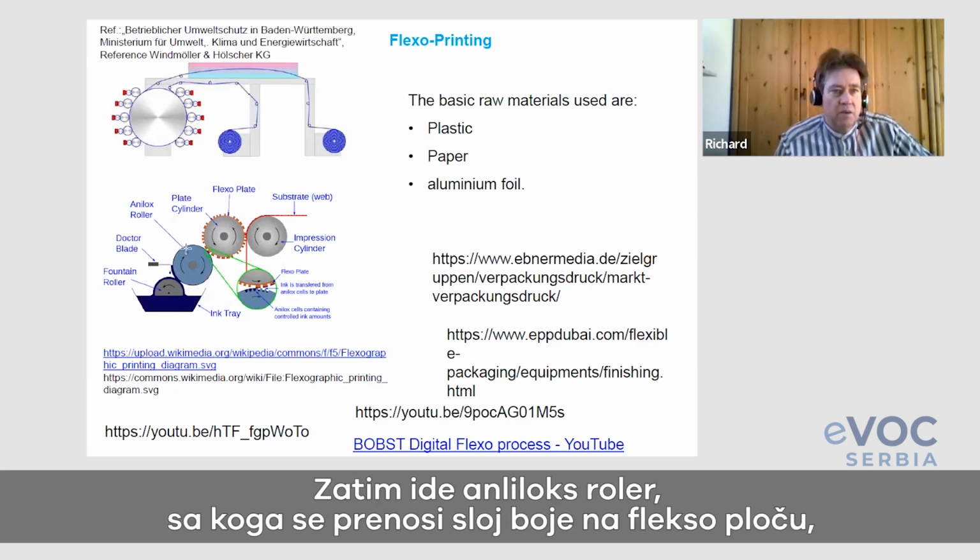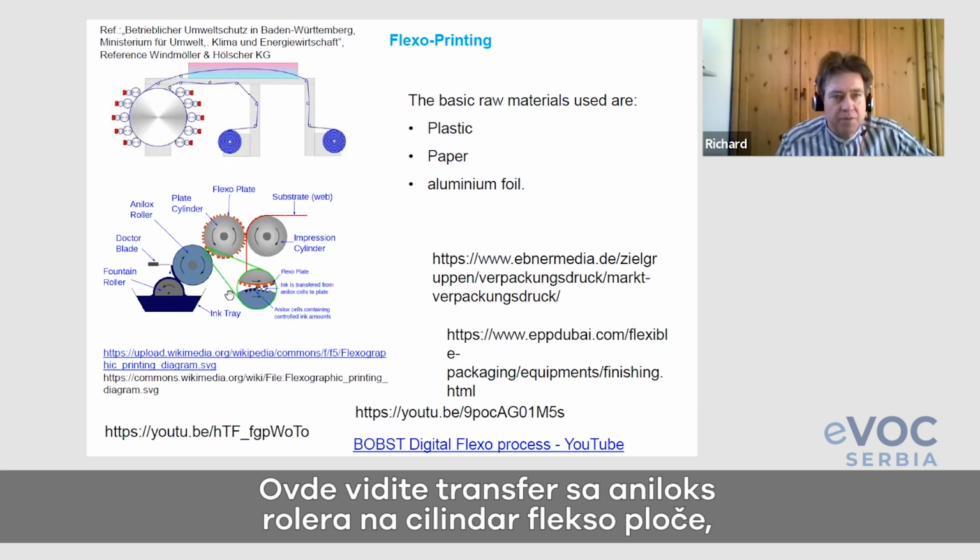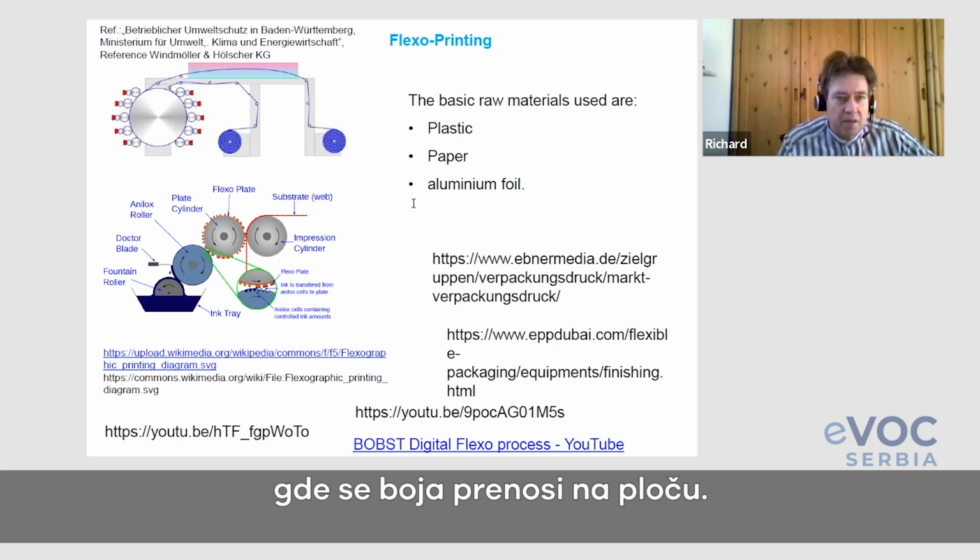Here you have this Anilox roller, and from that Anilox roller, the print ink is then transferred to that flexo plate. And here now the printing process takes place between this flexo plate and here. Here you see the transfer between the Anilox and the plate cylinder, where the color or the paint is then transferred to the flexo plate.